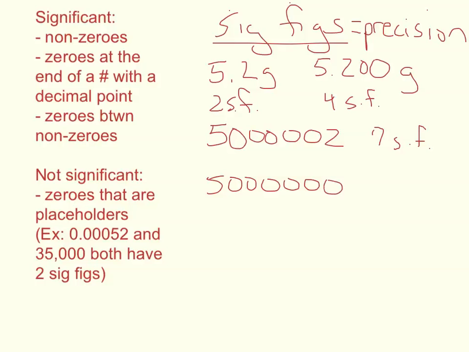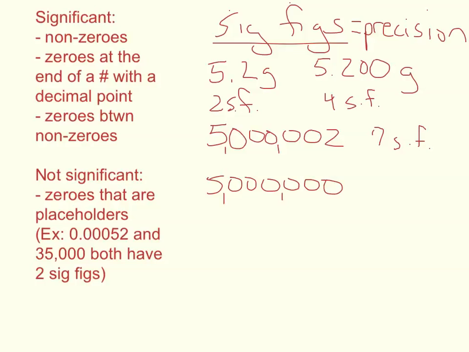So now we've got the difference between 5 million and 5,000,002. 5,000,002 being a more precise measurement because we know that it is 5,000,002 has 7 significant figures. If we have a measurement that is simply 5,000,000, then we're not sure if it's slightly more than 5,000,000, slightly less than 5,000,000. We just know it's around 5,000,000.